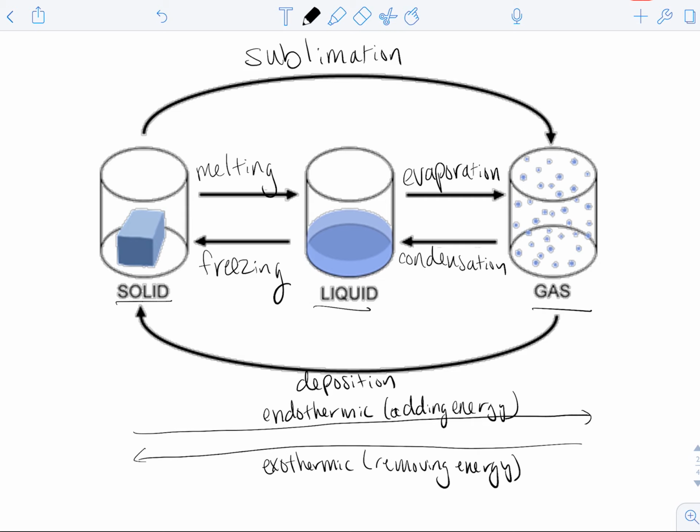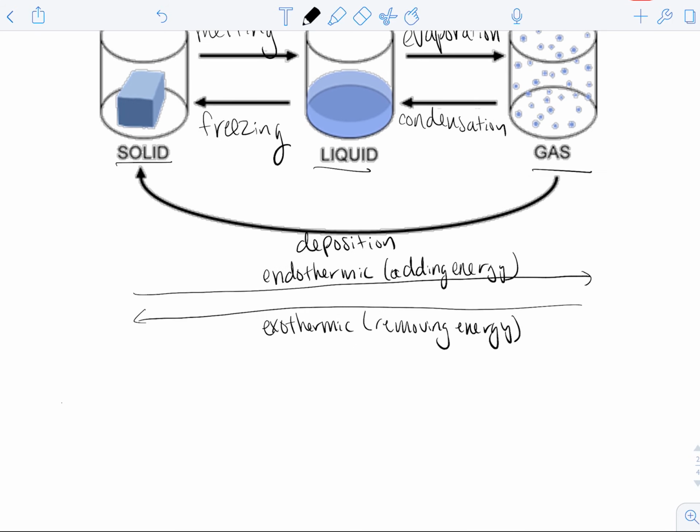Okay. So, going between these states requires energy, or requires a changing of energy of the state itself. We call that the enthalpy of phase change, so energy required to change phase.